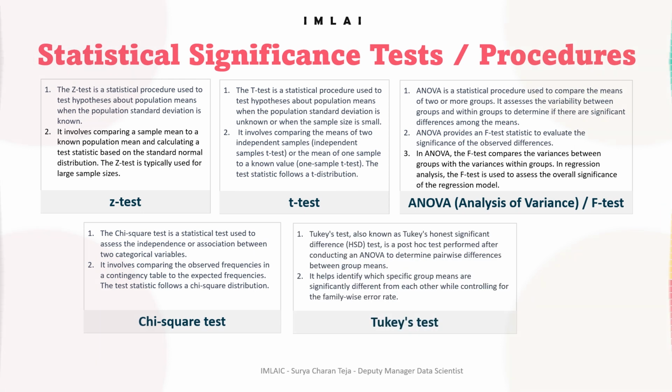Then the last one, the Tukey test, also known as Tukey's honest significant difference test, HSD, is a post hoc test performed after conducting an ANOVA to determine pairwise differences between group means. It helps identify which specific group means are significantly different from each other while controlling for the family-wise error rate.